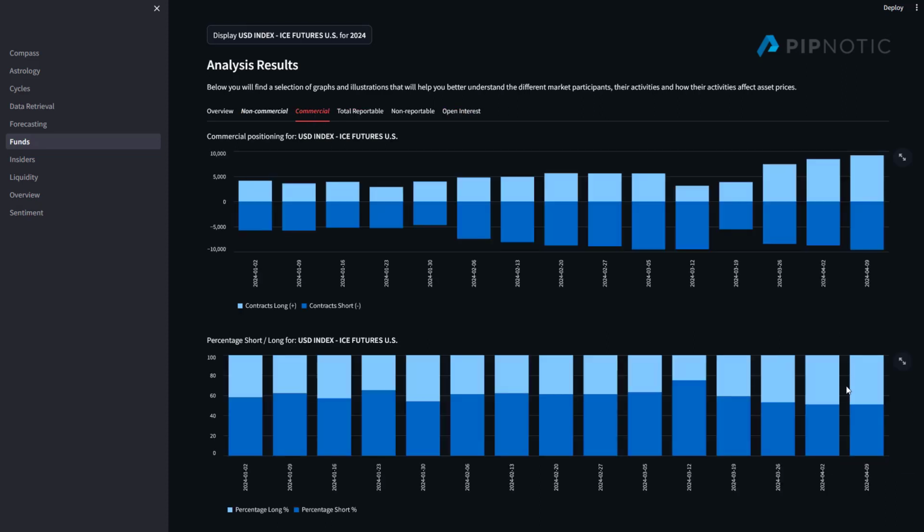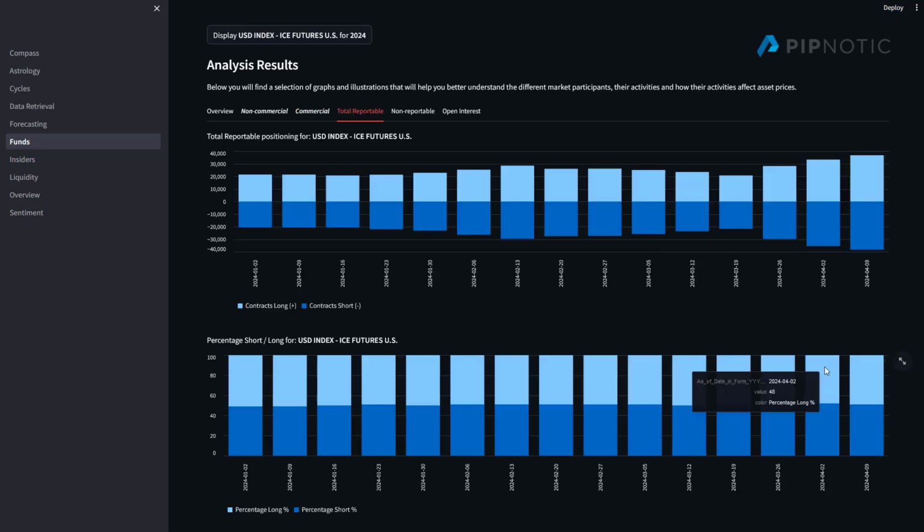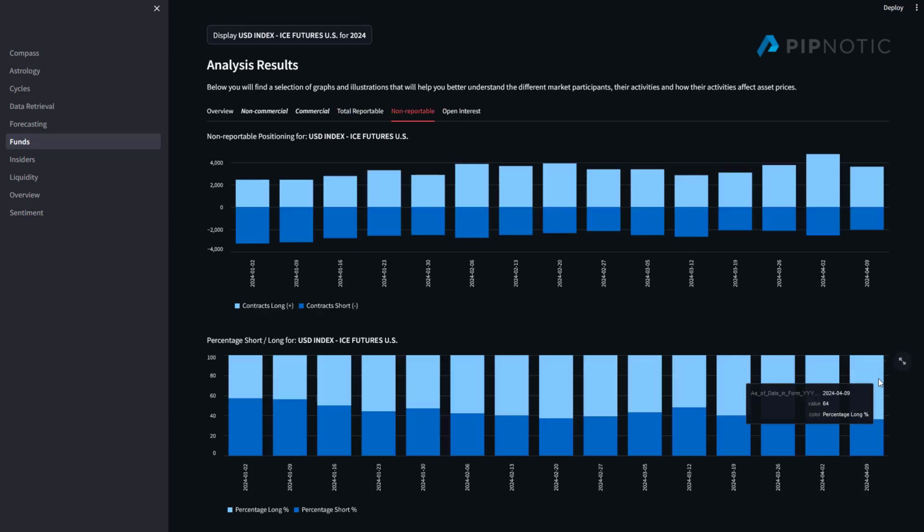And yet we're seeing this across the board here, almost 49, 49, 47, total reportable, 49, 48, 49, 49, and then here we're seeing a slight discrepancy in this information. So here we're actually saying that the non-reportables are more long than they are short. Okay, so we have 64 long, relative to the previous week we had 65. So the biggest imbalance is in the non-reportables.